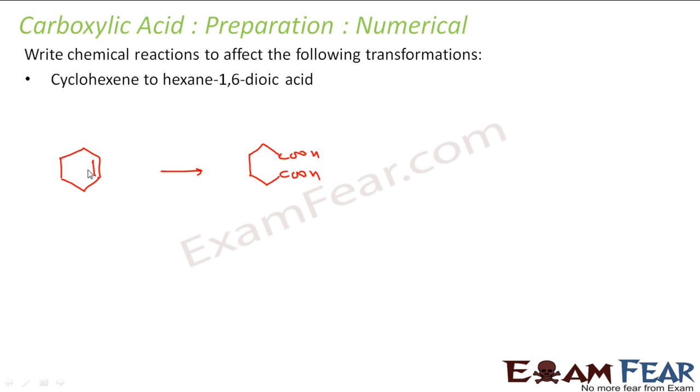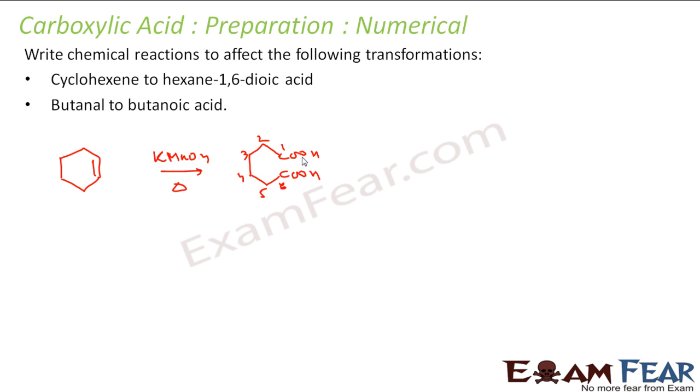See here, what we are doing is the double bond is there, and we are converting the double bond to COOH, breaking it. You can do this with a strong oxidizing agent and heat, and it will convert cyclohexene to hexane-1,6-dioic acid.